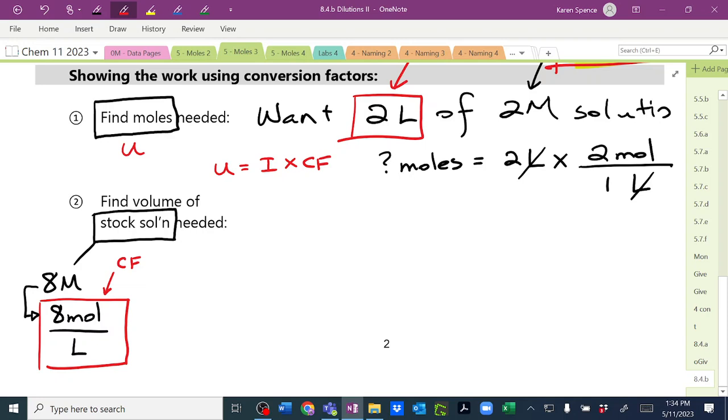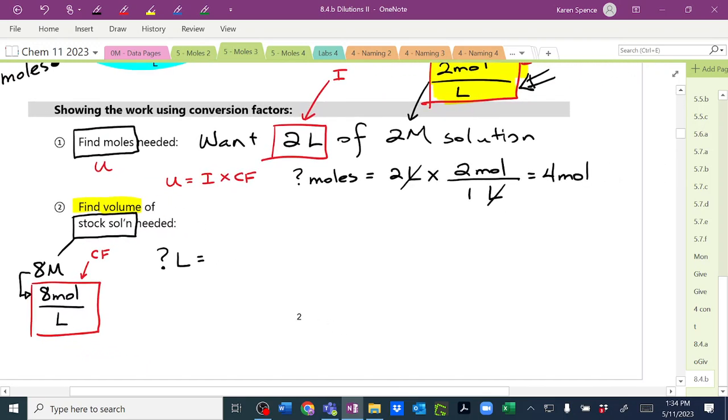What's our unknown in this step? The liters. We want to find the volume. Okay, so our unknown is we don't know how many liters. Now, what would we use as our initial quantity here?